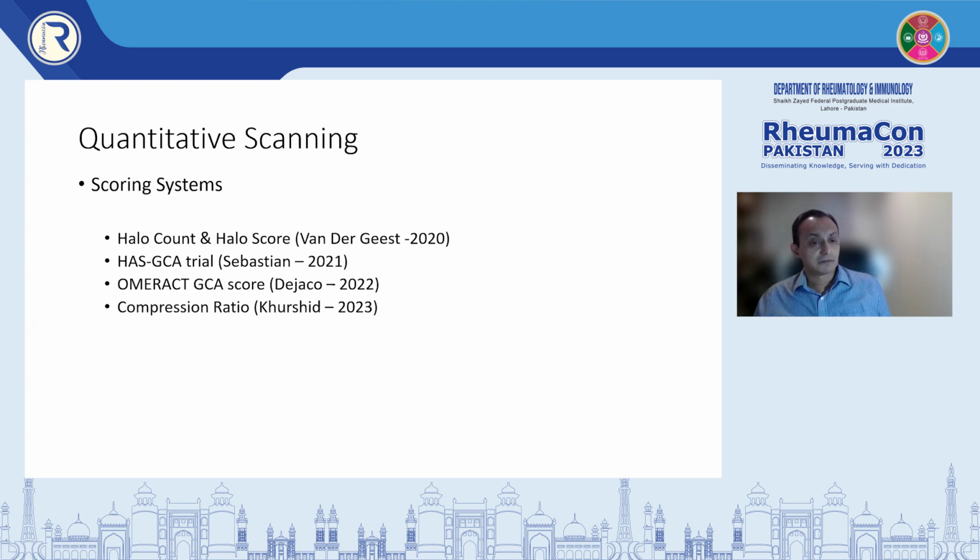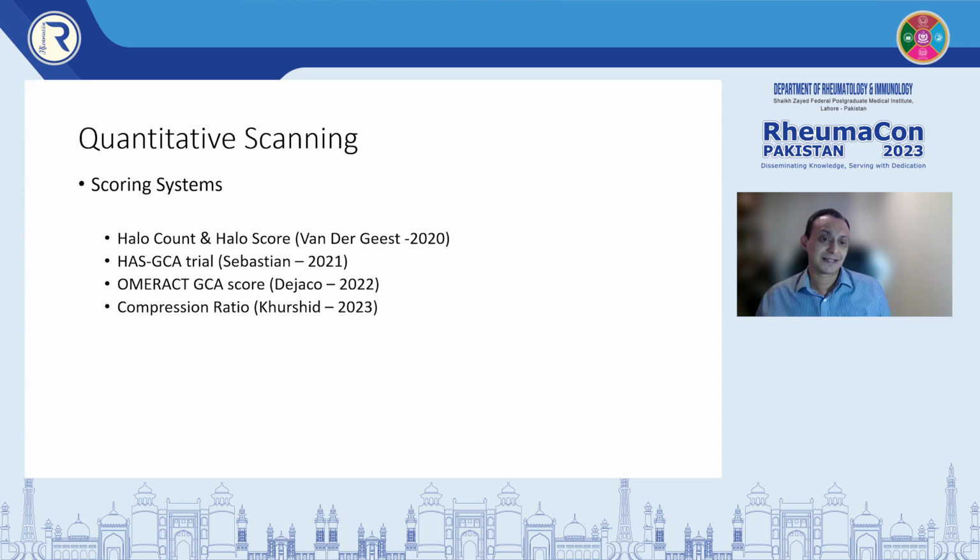OMERACT has developed their own scoring system for giant cell arteritis, which was published last year. And at UHD, we are working on quantification of compression as one of the assessment features, and on quantification modes for giant cell arteritis. The good thing about quantification is that you can put a number.